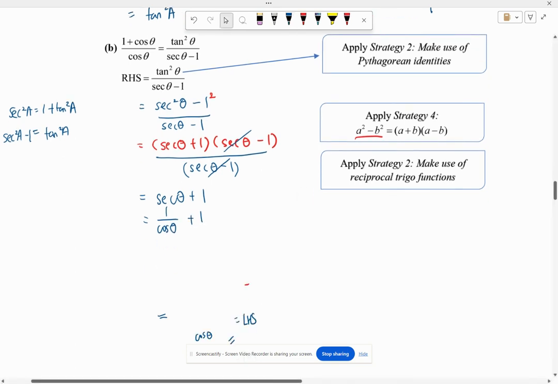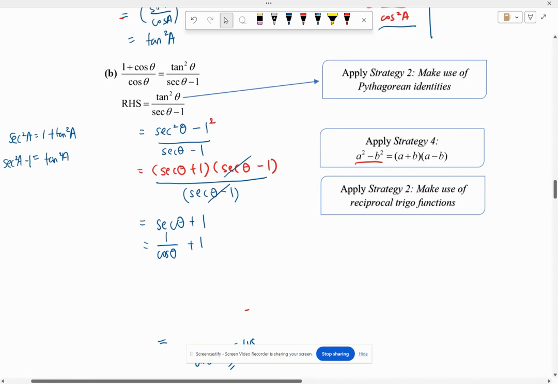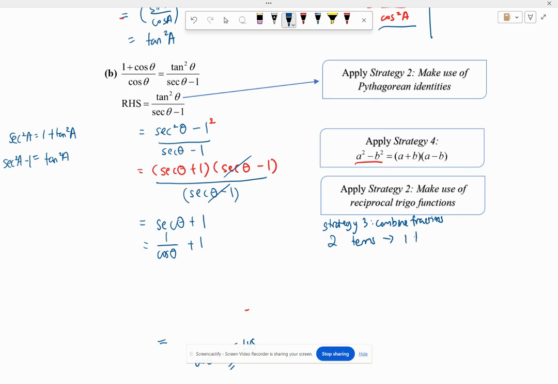And then finally, do we have strategy number 3, where we combine the fractions? That means strategy 3, combine fractions, two terms combined into one term.